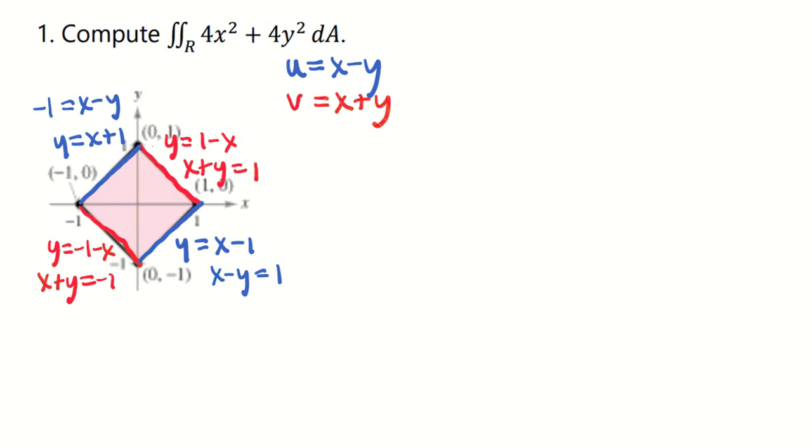I'm going to start by solving for x and y by solving the system. I'm going to start by adding these two equations together, and I'll get 2x equals u plus v, meaning x is half of u plus v. And then I'll subtract the equations from each other.